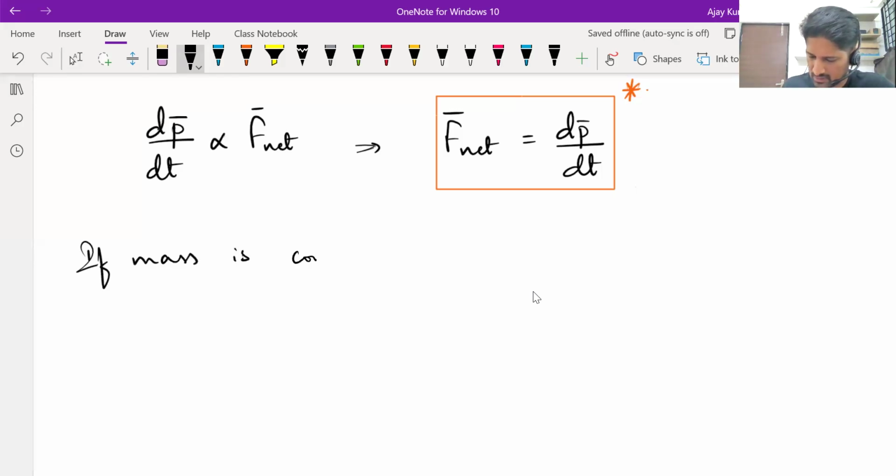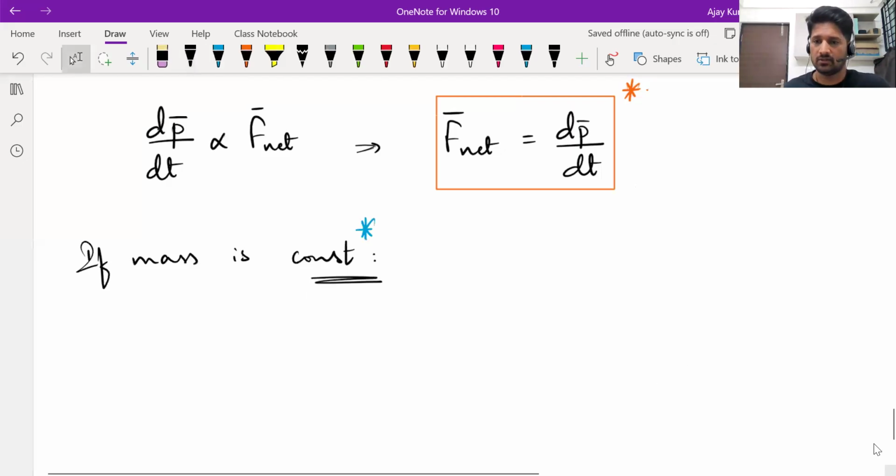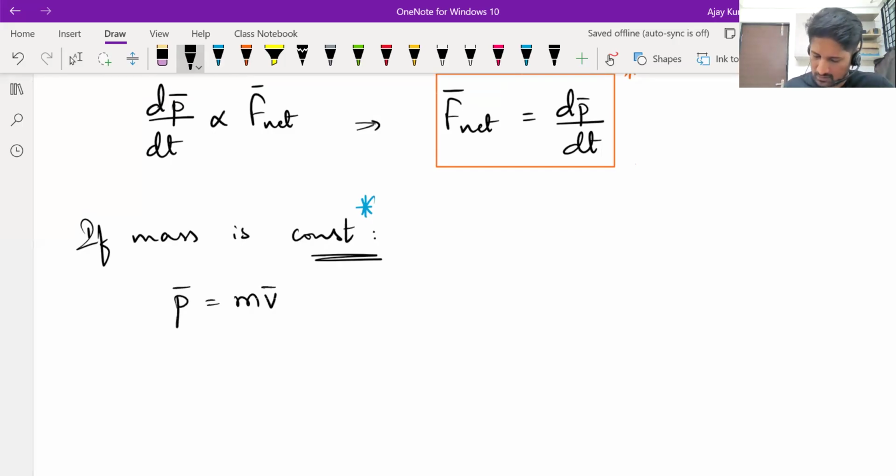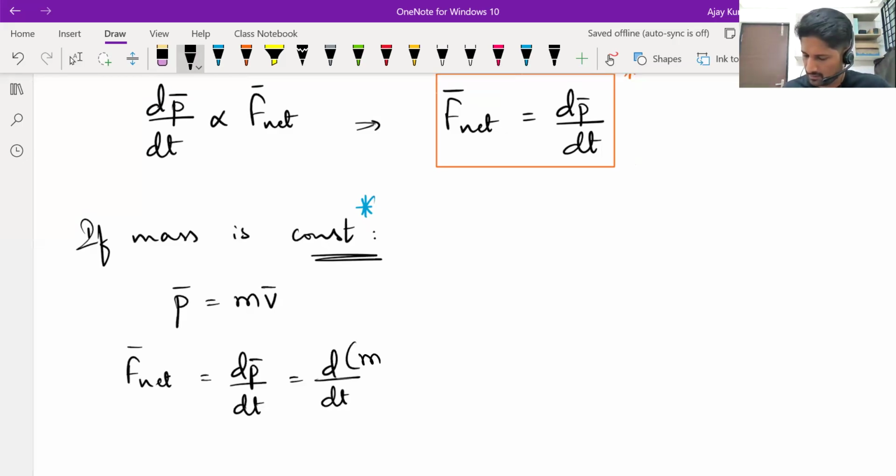So if mass is constant, this is a condition, and whatever we write after this is valid only when this condition is satisfied. By definition, we know p is mv. Then the net force, that is dp by dt, becomes the derivative of mv.